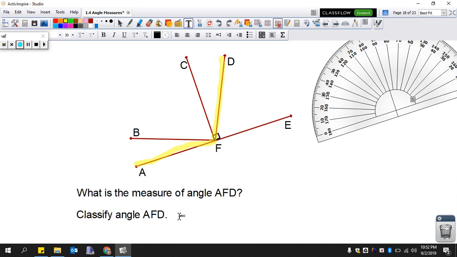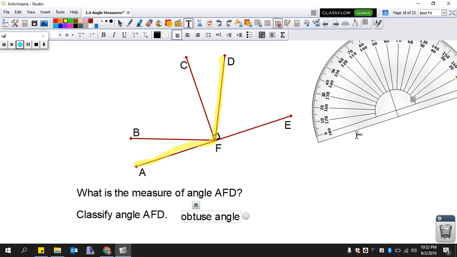So the classification of it, we can already tell, is going to be an obtuse angle. All right.